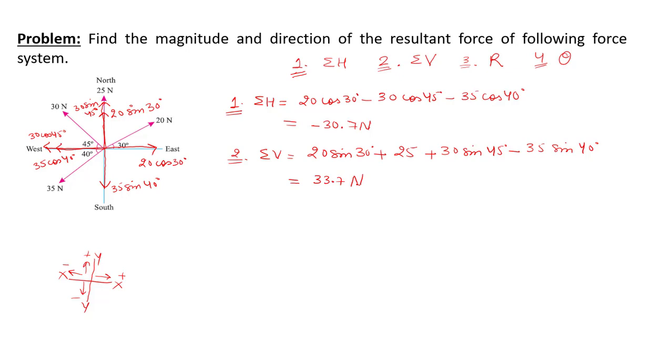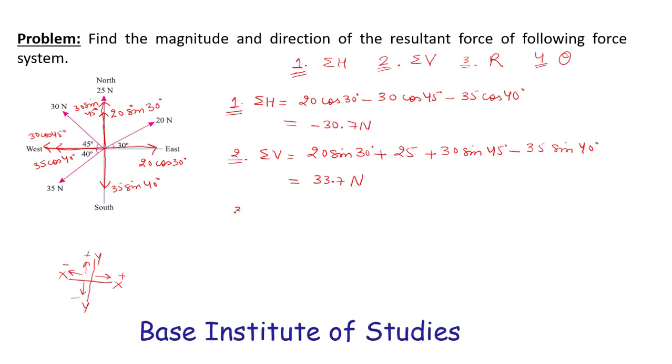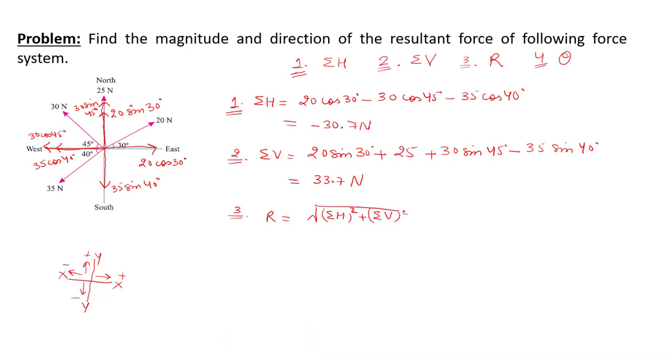Now we have sigma h and sigma v. Now calculating magnitude R by the formula, square root of sigma h squared plus sigma v squared.